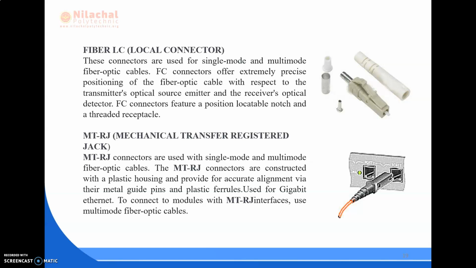They are constructed with a plastic housing and provide more accurate alignment via their metal guide pins and plastic ferrules, used for gigabit Ethernet. To connect the modules with MTRJ, interfaces use multi-mode fiber optic cables.